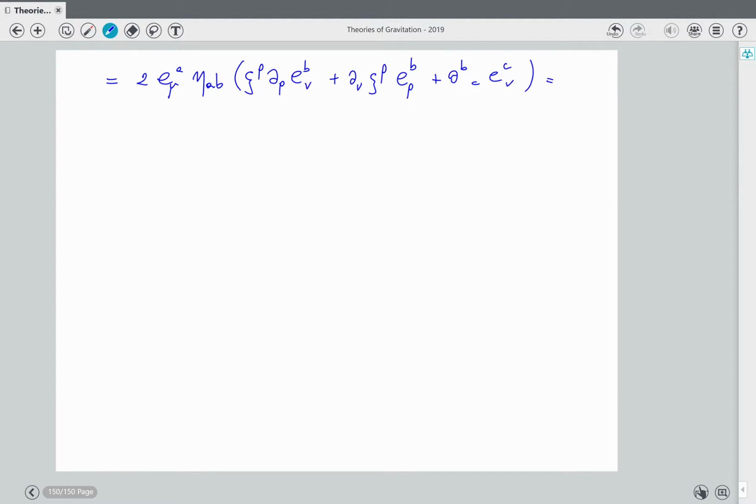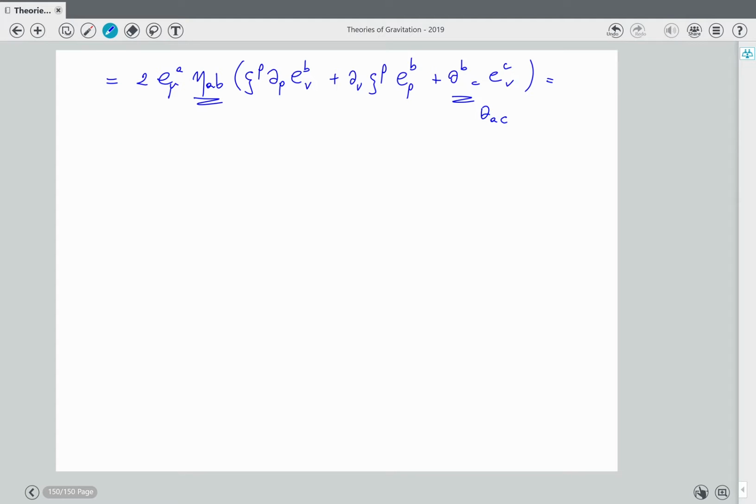Okay, so obviously the contribution here with theta goes away, because when you lower the index due to the eta AB, you have theta AC, which is anti-symmetric.